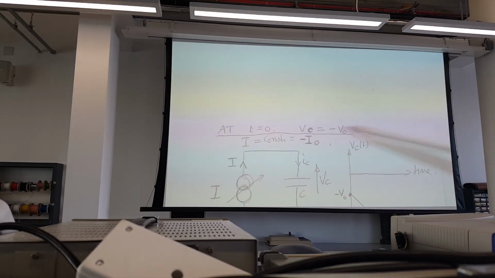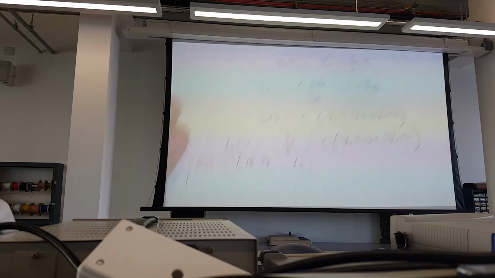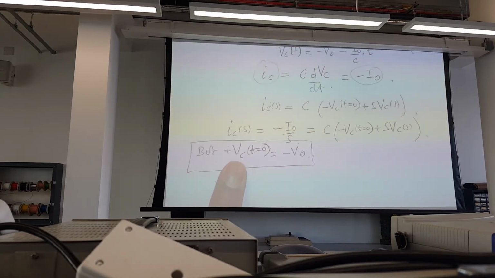Now that expression, you could actually write it as VC at time t equals 0 equals minus V naught, like that. And of course that's what we've got here. So all we have to do now is, instead of having minus VC at time t equals 0, we've got to put in there instead minus V naught.